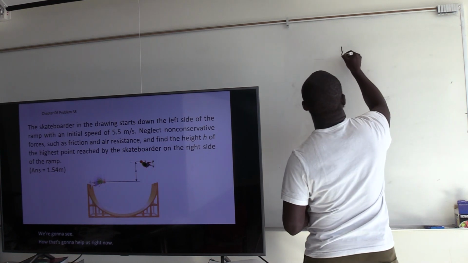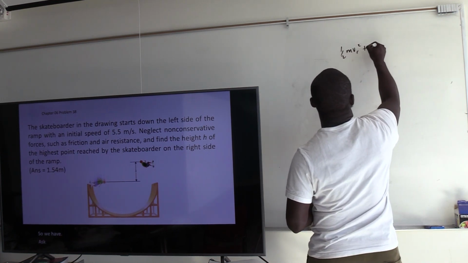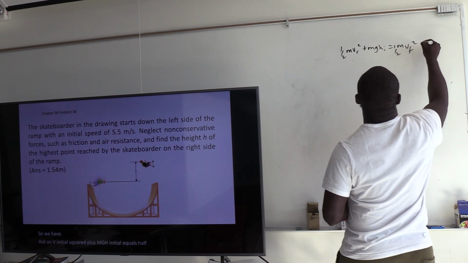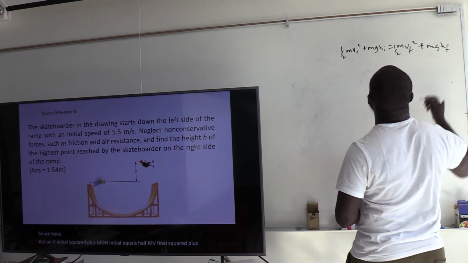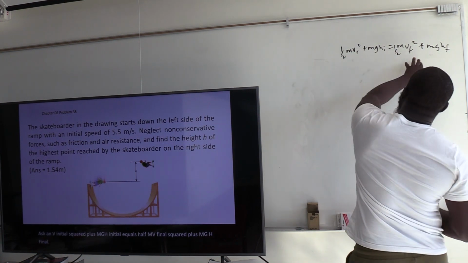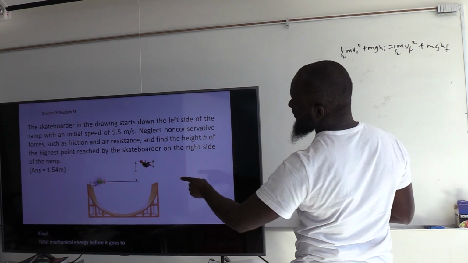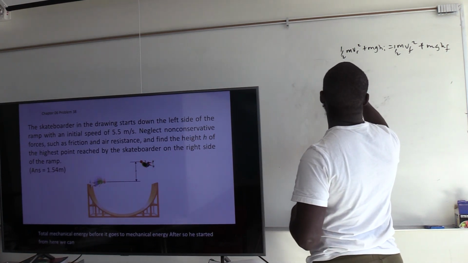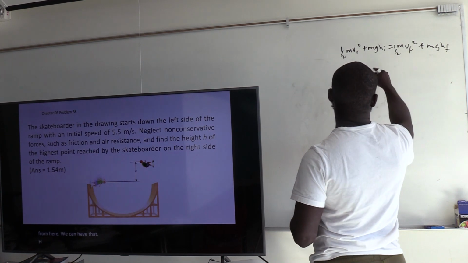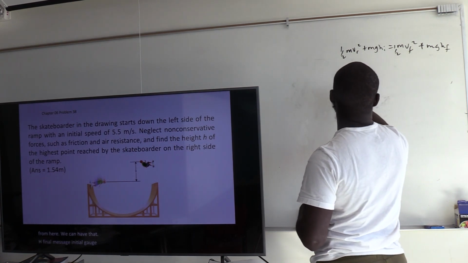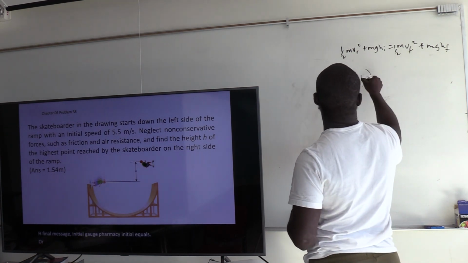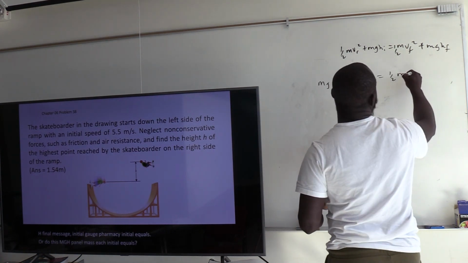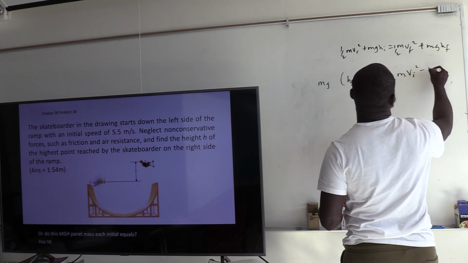So we have half m v initial squared plus m g h initial equals half m v final squared plus m g h final. Total mechanical energy before equals total mechanical energy after. So he started from here. We can have that h final minus h initial. m g times h final minus h initial equals half m times v initial squared minus v final squared.